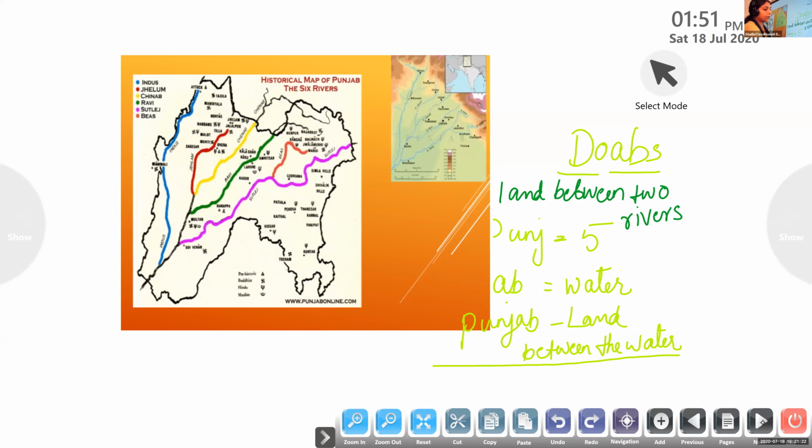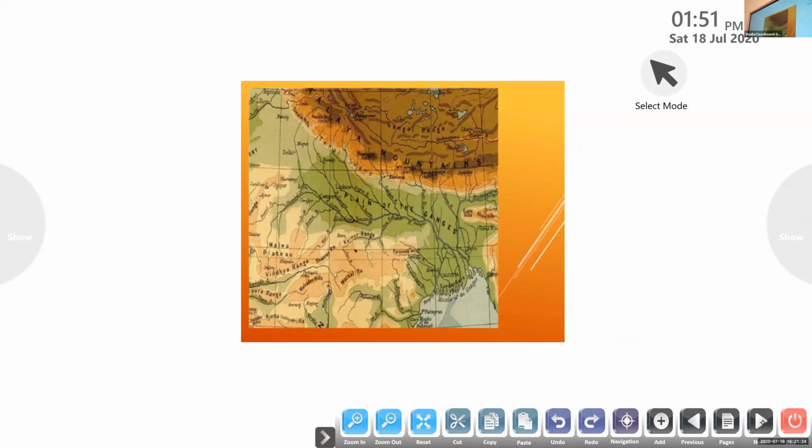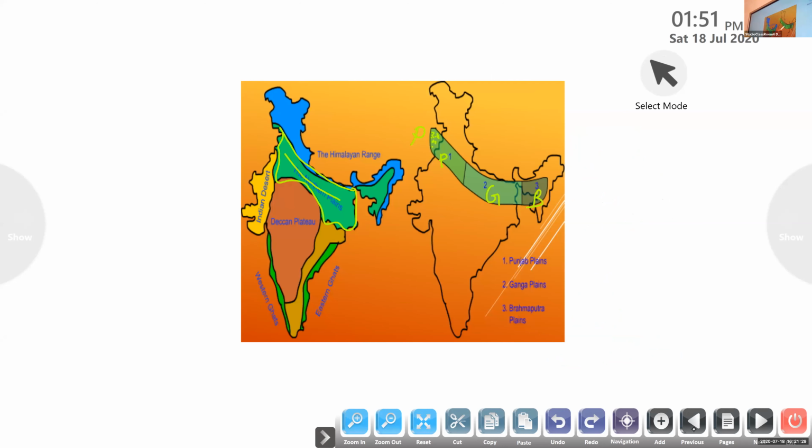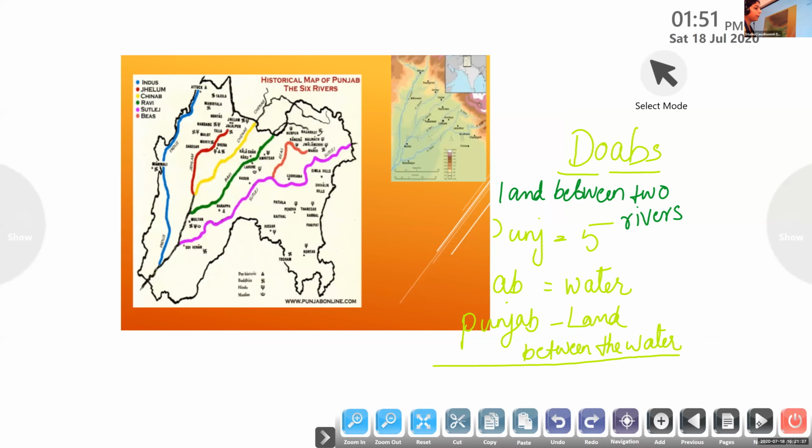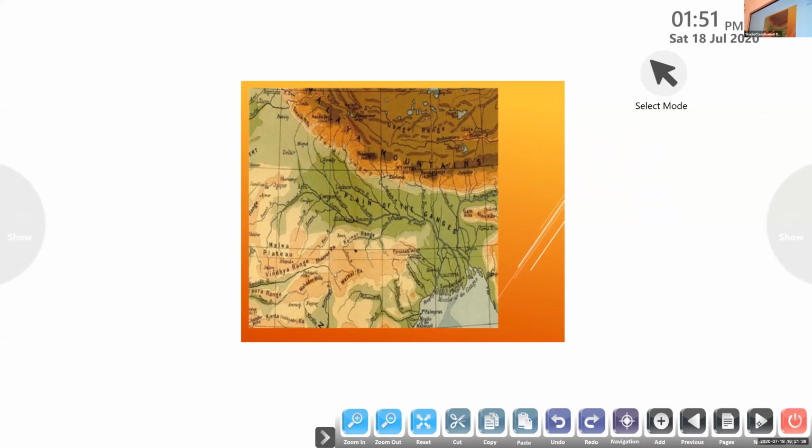Then, let's come to the second one, the Ganga plain. This part. The Ganga plain is lying between two rivers, River Ghaggar and Teesta. Here we have the river till this.